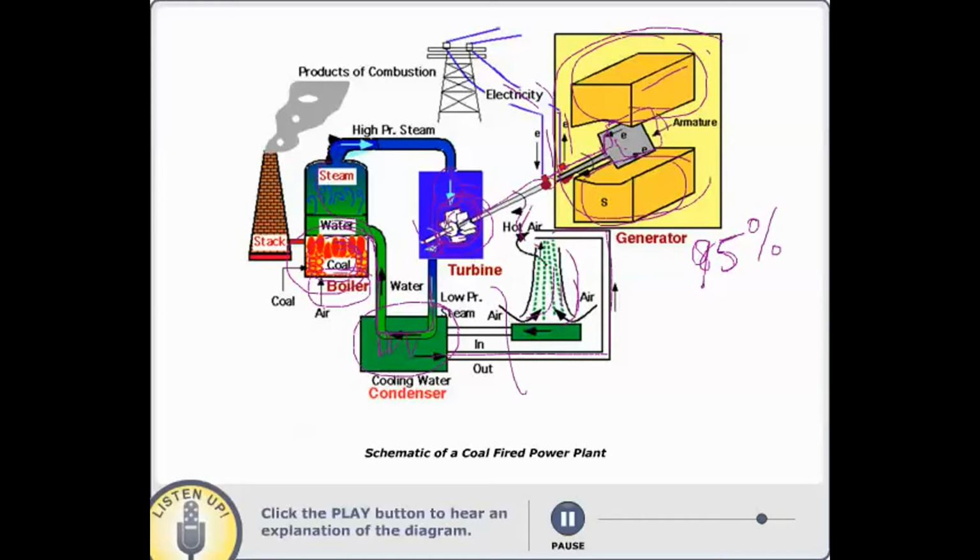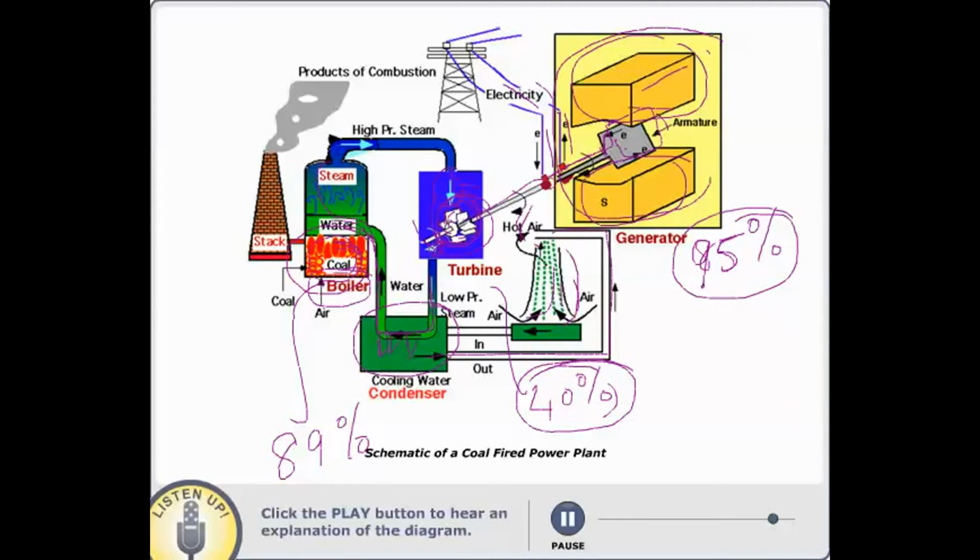And as I said, this turbine is only about 40% efficient, and this boiler is roughly 89 to 90% efficient. So of all the three components, this is the least efficient component, and this is the most efficient component with 95% efficiency. That's how a simple power plant works.